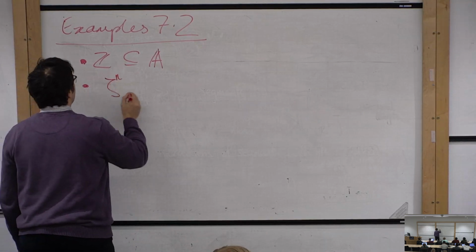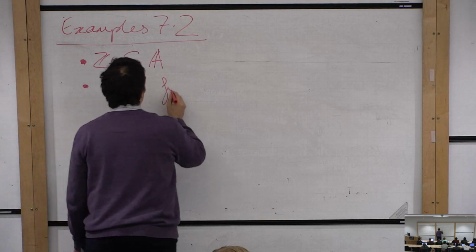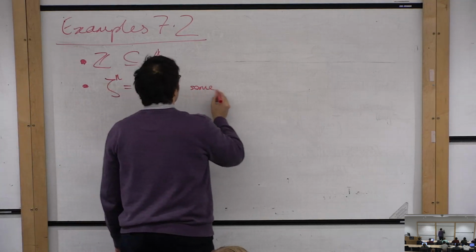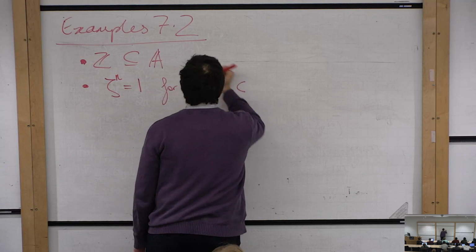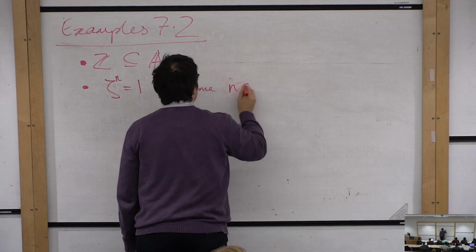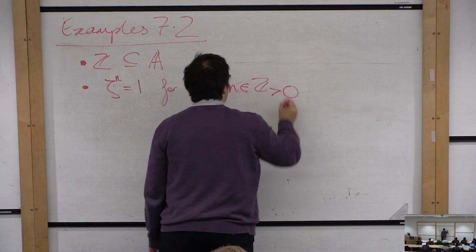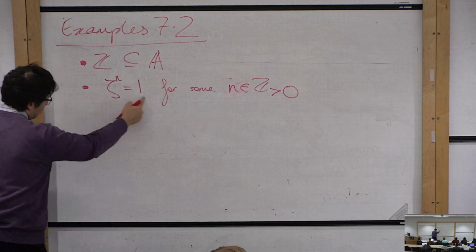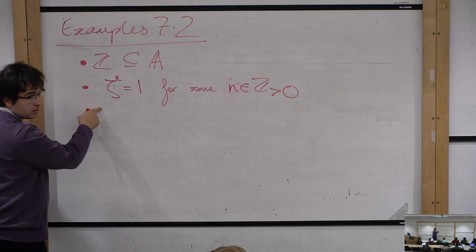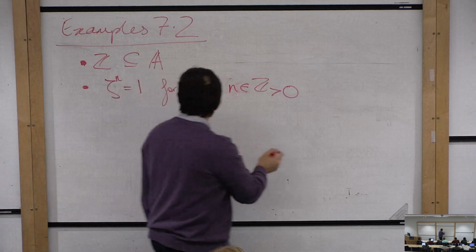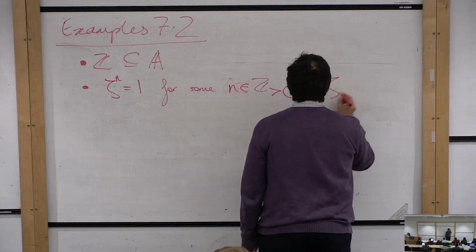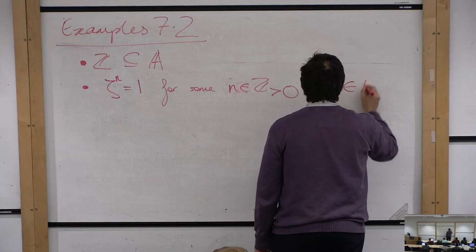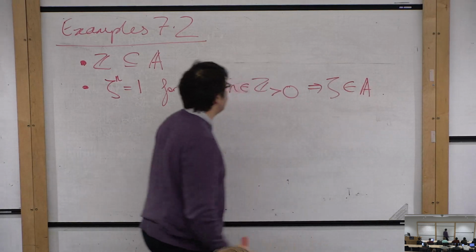So zeta to the n is 1 for some positive integer n, then of course zeta is a solution of a monic polynomial equation t to the n minus 1 is 0, therefore roots of unity are algebraic integers.